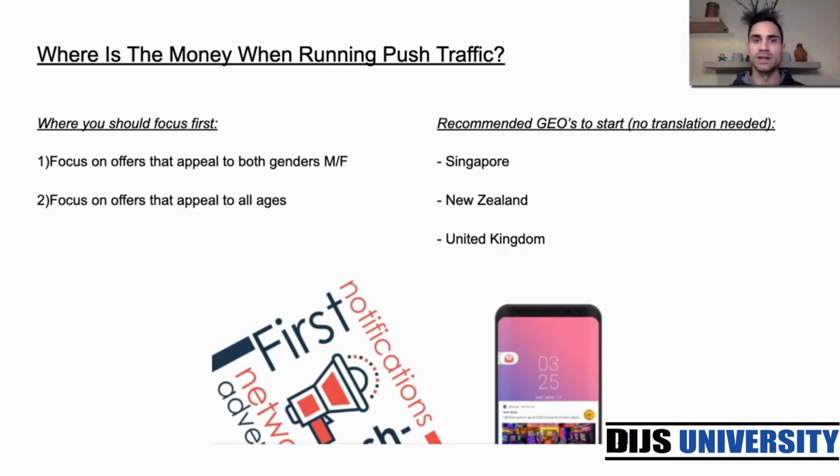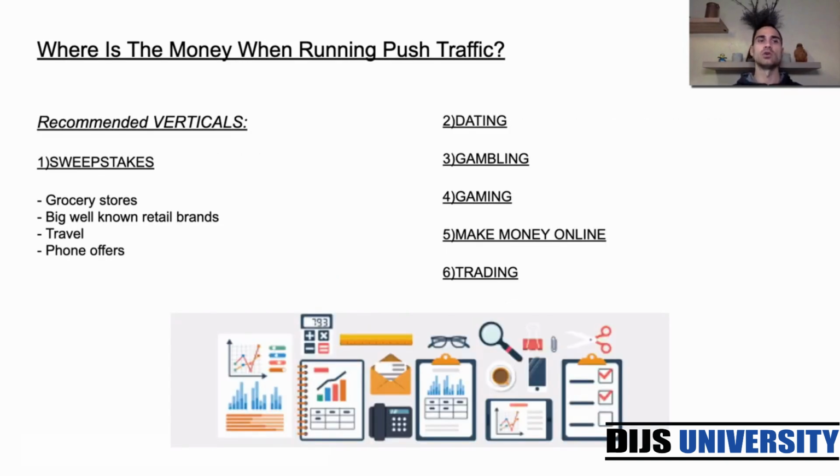Let's have a look at the second slide, where we're going to look at recommended verticals for push traffic. First are obviously sweepstakes, which we like to do, and like I mentioned before, you want to focus on offers that appeal to both genders, male and female, and that you can target all ages.